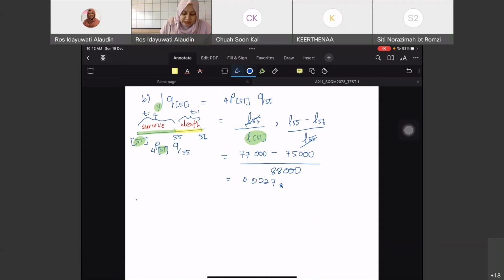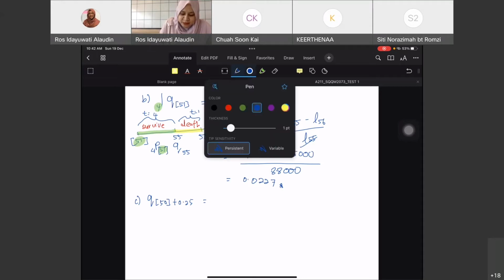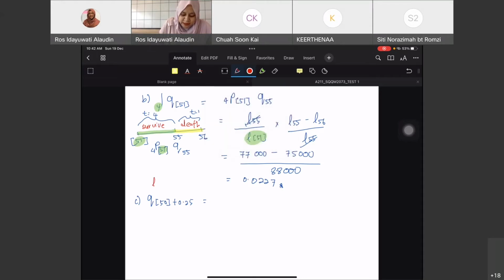Okay, so for C, you have to use UDD, isn't it? UDD, q[50]+0.25. So for this one, you have a fractional age in the select life table. So it is (lx minus l(x+t)) over lx.